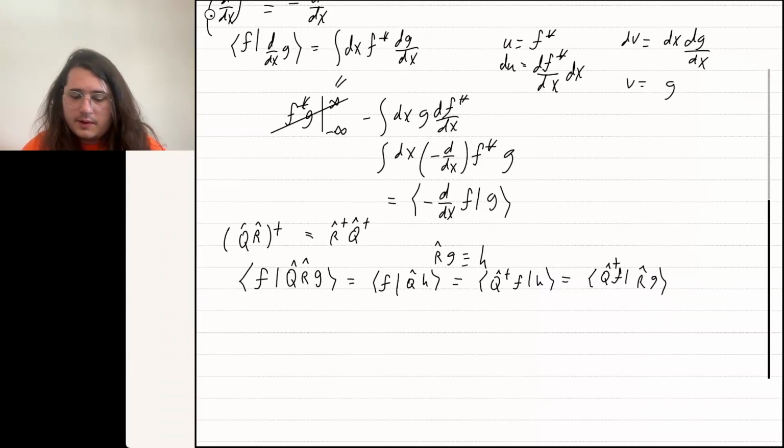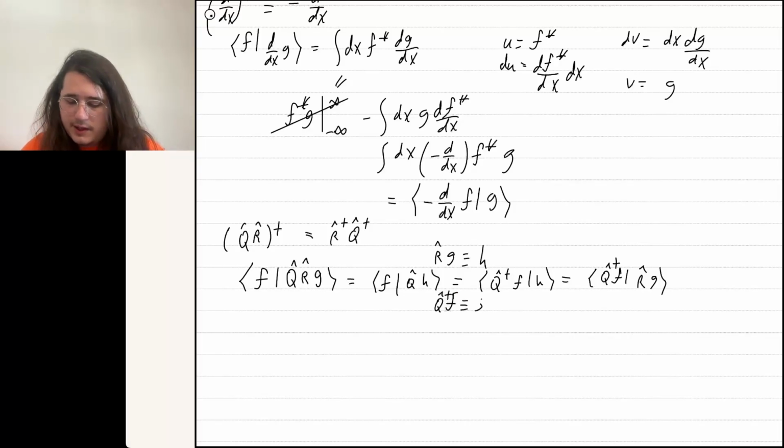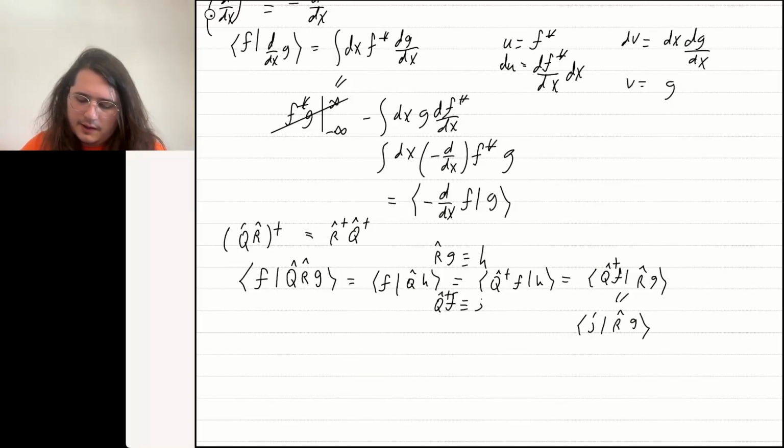And then we're going to do a similar thing where now we're going to define q dagger f as a new vector called j, which we put on the left hand side of the inner product. So now this equals j with rg, and then again, you know by the definition of the Hermitian conjugate that this is going to be equal to r dagger j with g, and then you can expand the definition of j back out and you see that it's r dagger q dagger f with g.